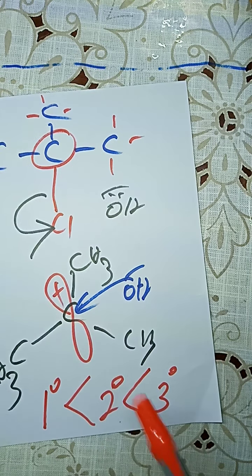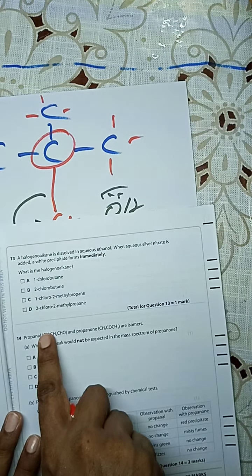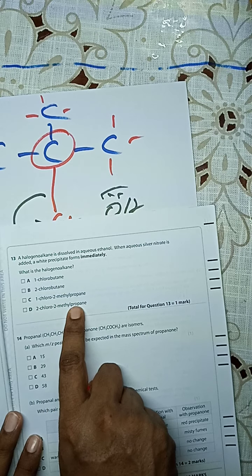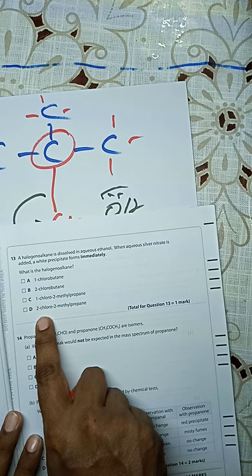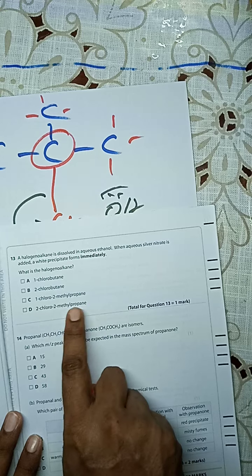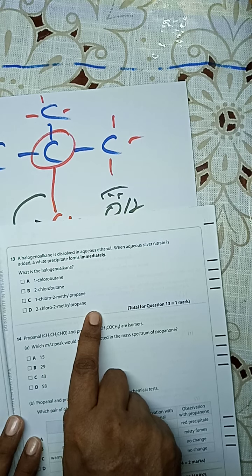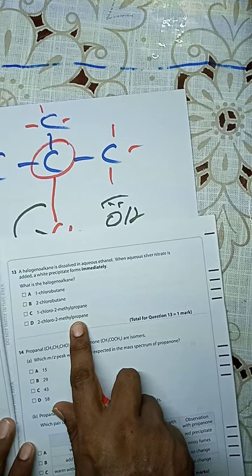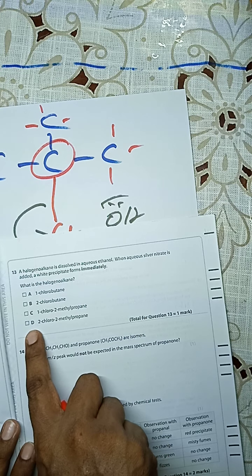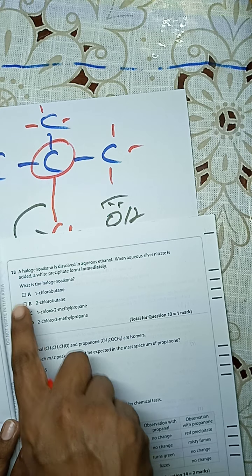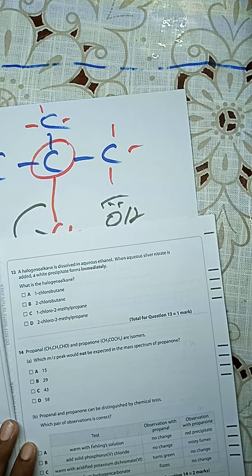Only the fourth choice out of the given four choices shows a tertiary alkyl halide, 2-chloro-2-methylpropane. Therefore it should be the correct answer for the 13th question.